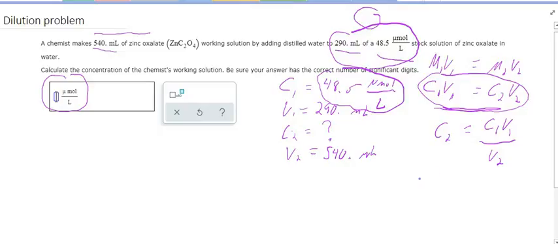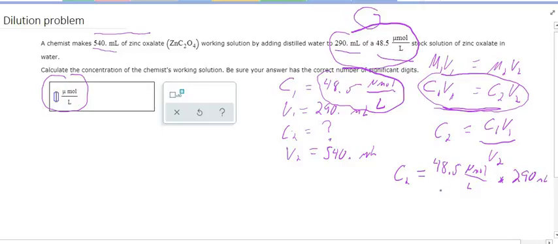So let's just start filling some things in. C2 equals C1, which is 48.5 micromoles per liter, times V1, which is 290 milliliters, divided by V2, which is 540 milliliters.